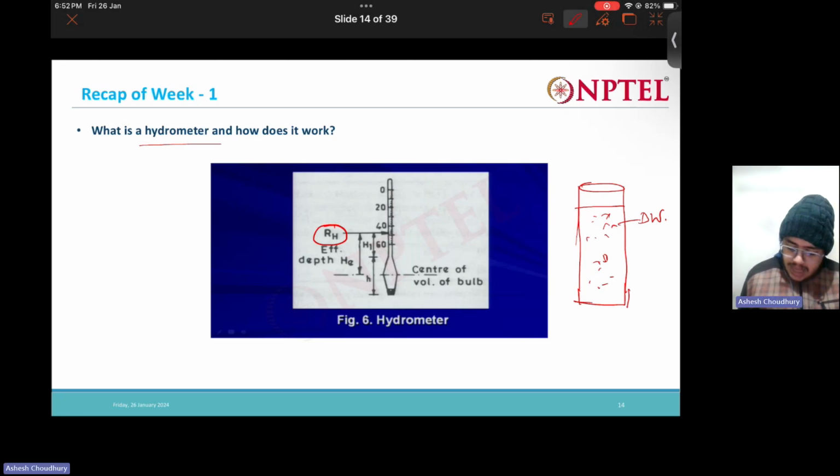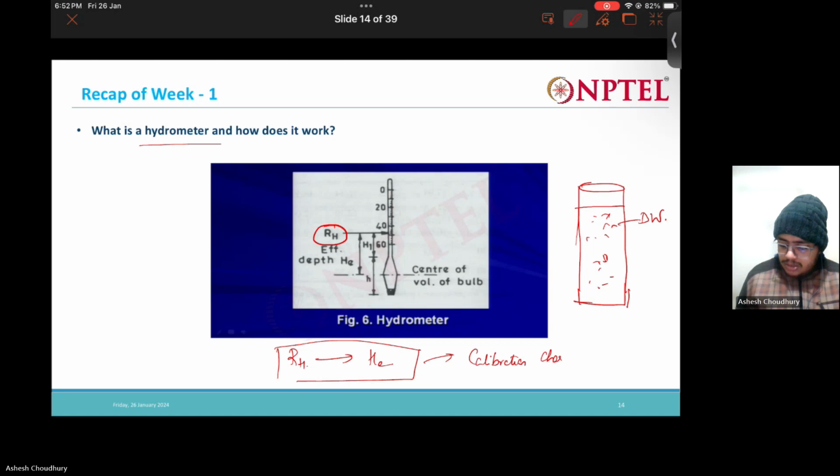Now this RH is related to this HE, the effective height. This is obtained from the calibration chart. This calibration chart is specific for every hydrometer at a particular temperature, for every temperature. For the standard temperature, you can get this calibration chart for a particular hydrometer.